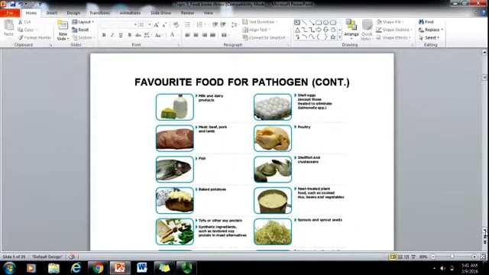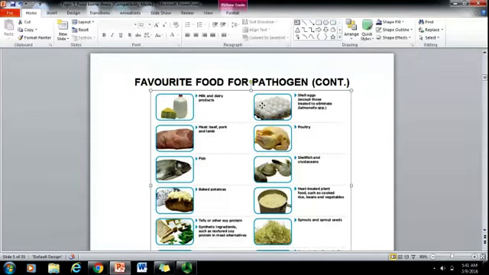The food most reported as contaminated by pathogens is dairy products. Okay, they come from milk, cheese, and eggs, some poultry products, meat, fish and shellfish, potatoes, yes, potatoes, and even rice that you eat, cooked rice.